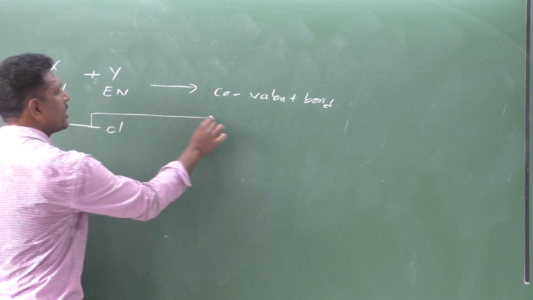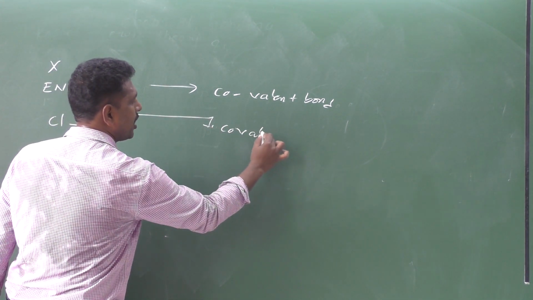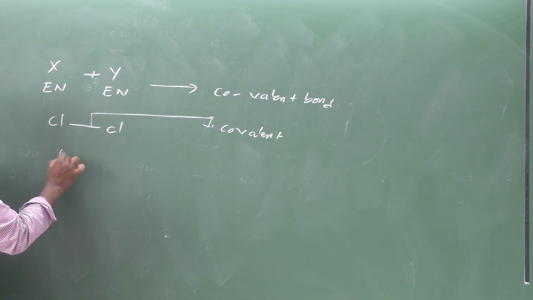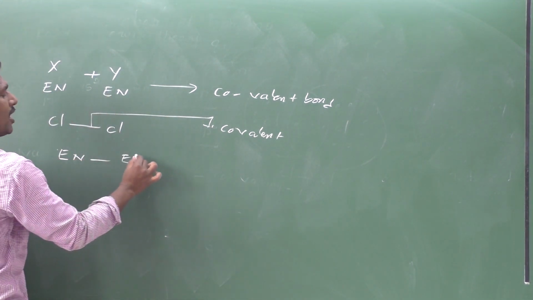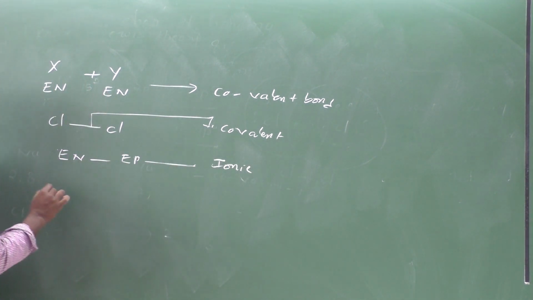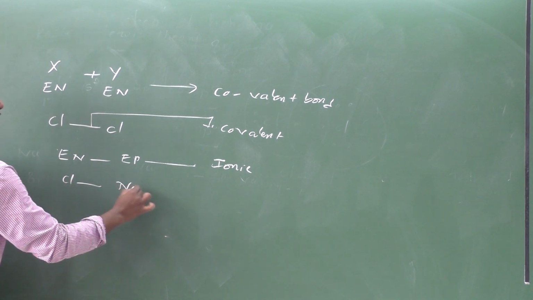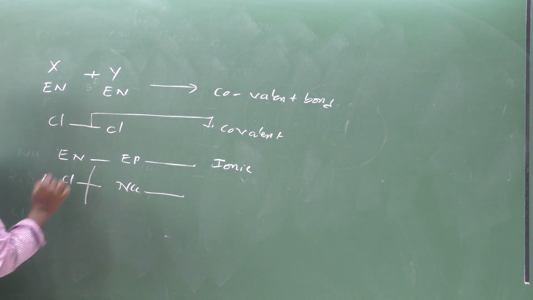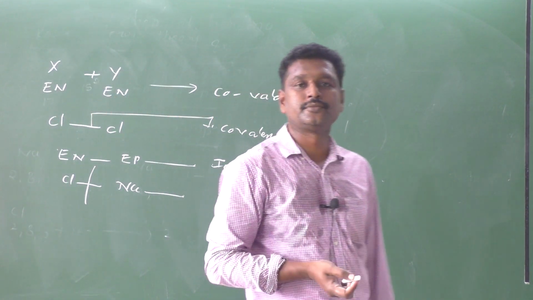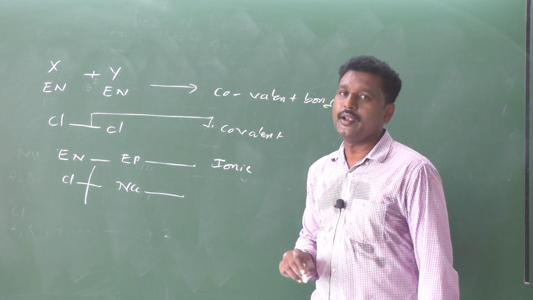Therefore, this bond is a covalent bond. Next, if one is an electronegative element and the other is an electropositive element, that bond is called an ionic bond. Example, chlorine and sodium. Sorry, this one is a dative bond.